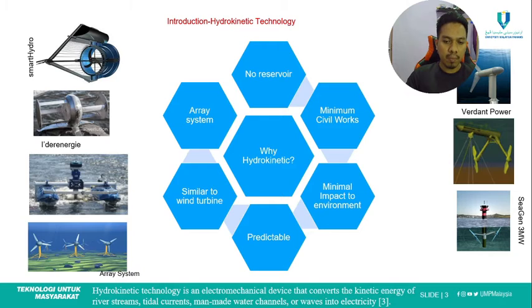First, the technology gives only minimal impact to the environment and ecosystem because the system can be operated without any reservoir. The system only requires minimum civil work and can be deployed along the riverside by a floating pontoon or by a fixed structure.